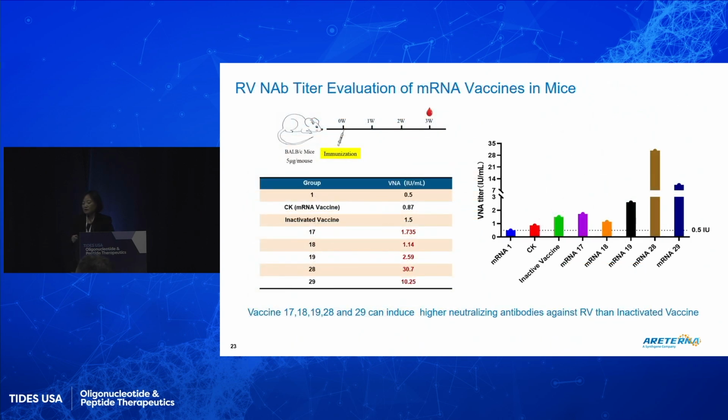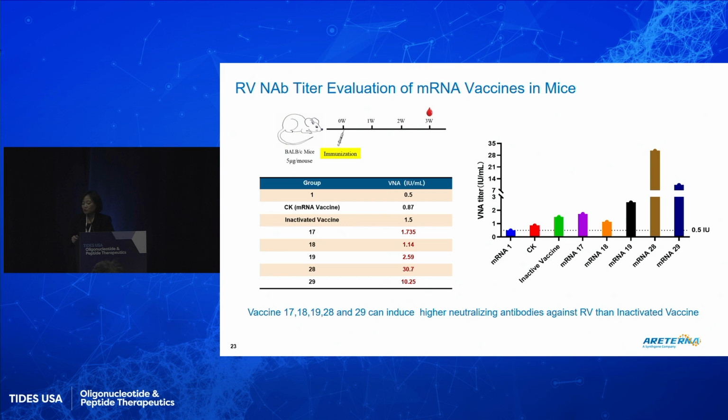So we look at the virus challenge survival of the animal, and then here we look at the neutralizing antibody. My scientist told me the WHO standard for protection is 0.5 IU.